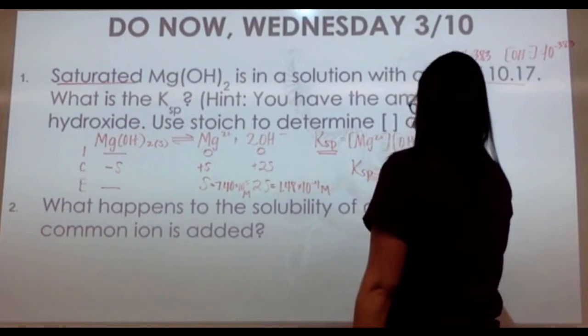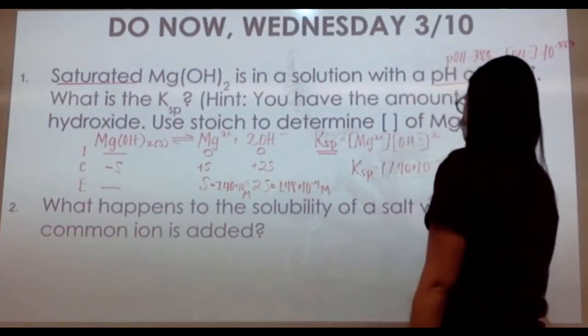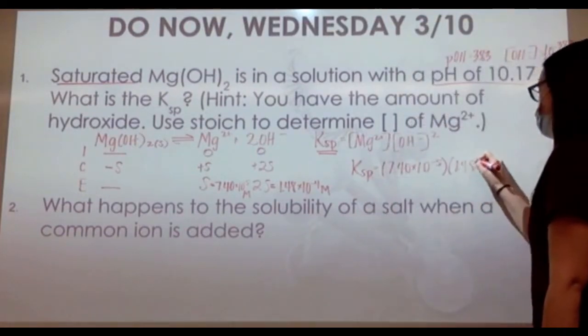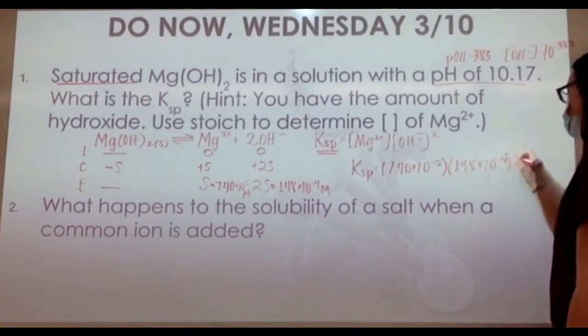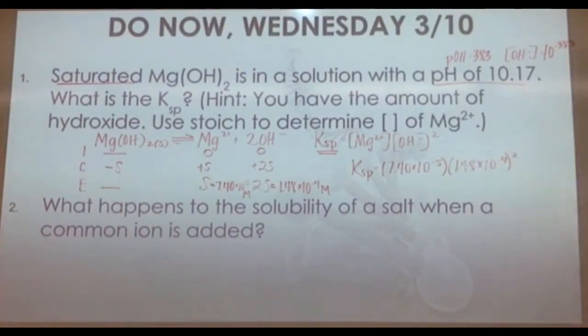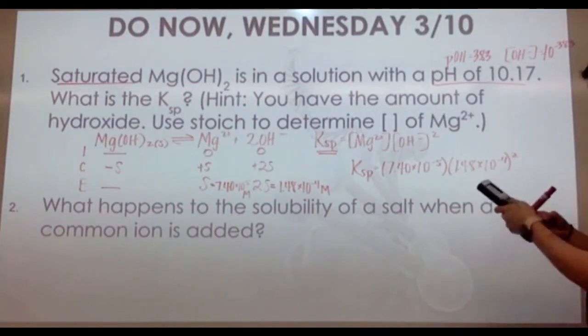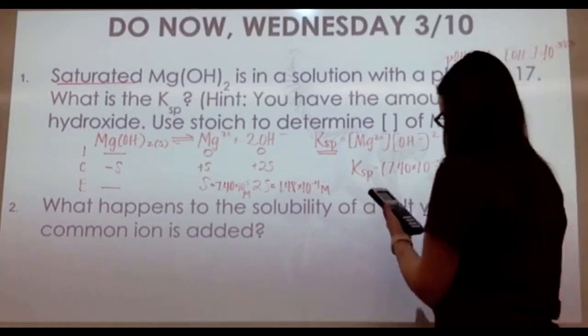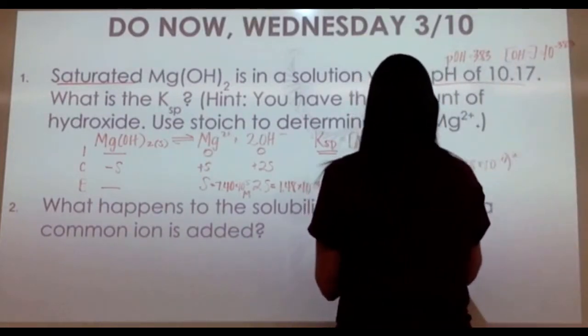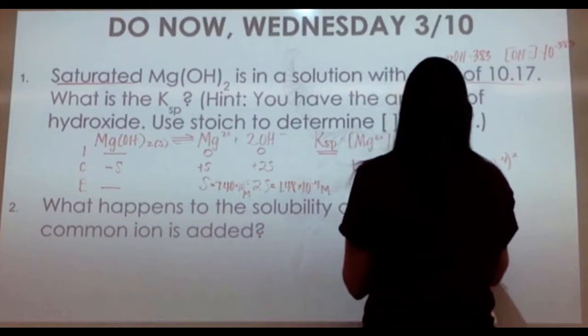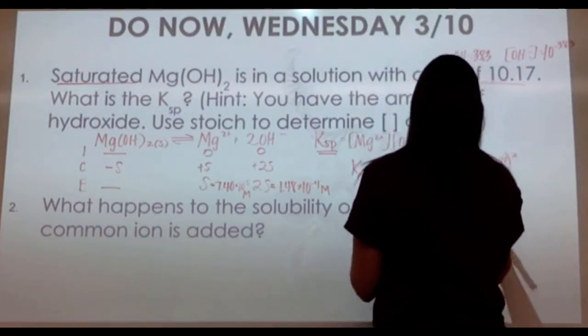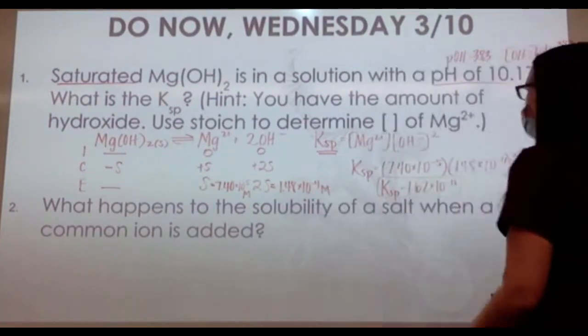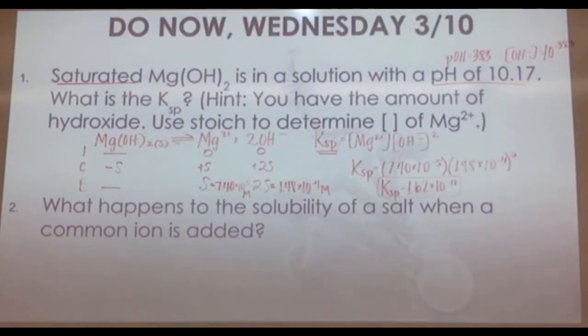So 7.4 times 10 to the negative 5th times 1.48 times 10 to the negative 4th, and don't forget to square that. So for KSP, I got 1.62 times 10 to the negative 12.